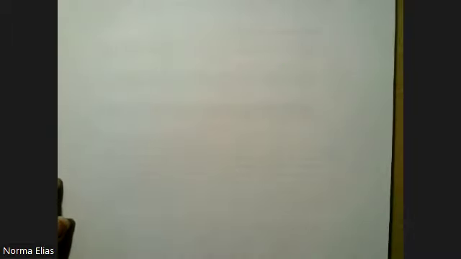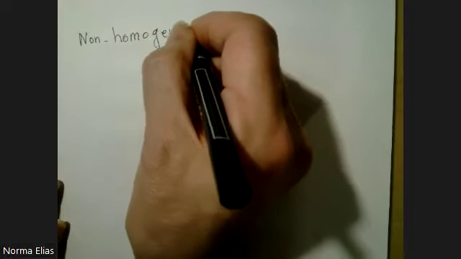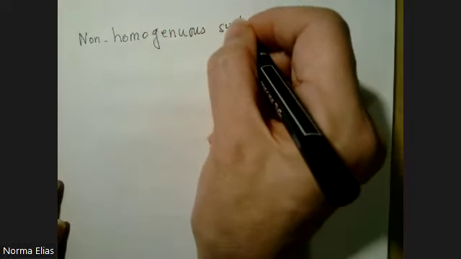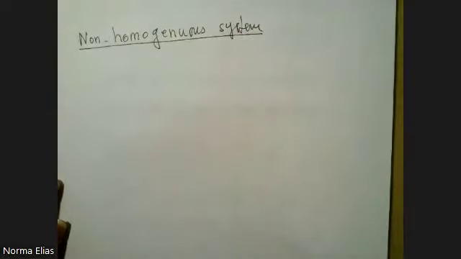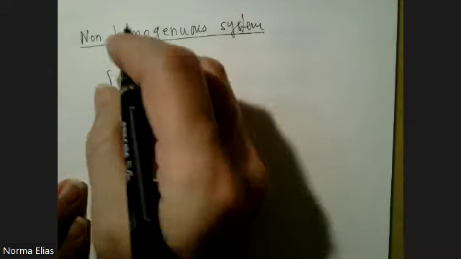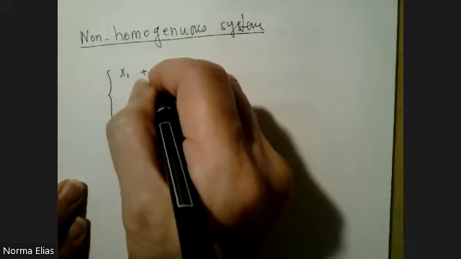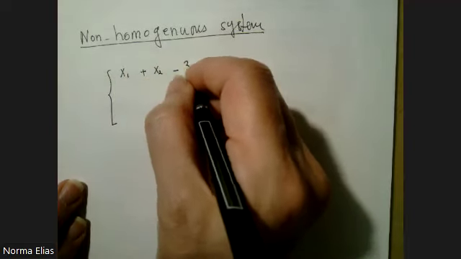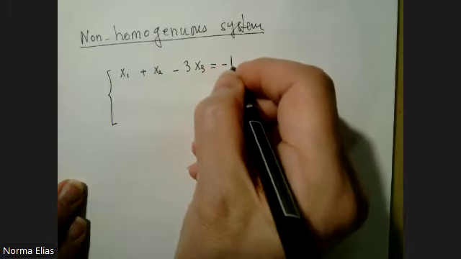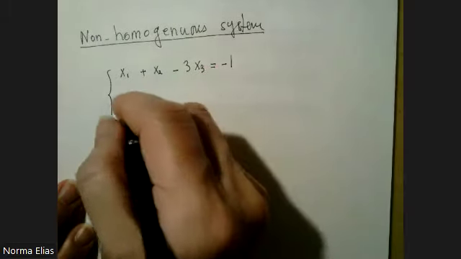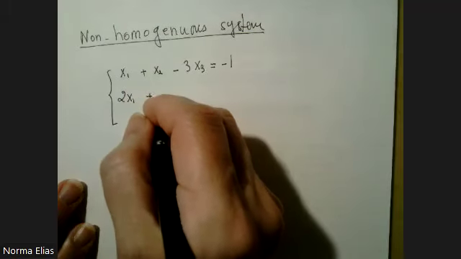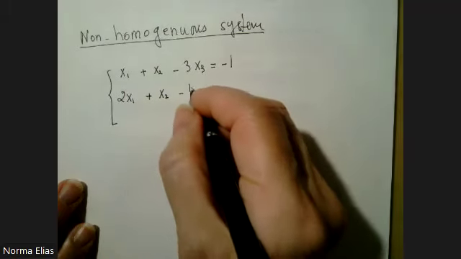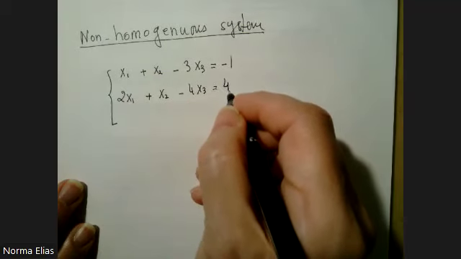So, a non-homogeneous system. Let us consider the following system. The first equation equals -1, so it's not homogeneous anymore. 2x1 plus x2 equals 4.